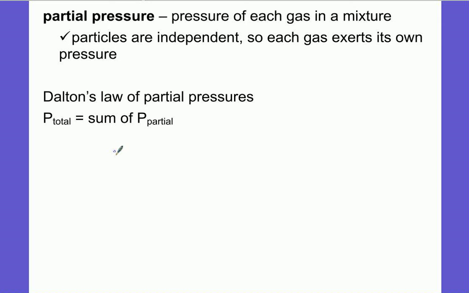So let's say I told you that you had a mixture of gases. You've got oxygen, nitrogen, carbon dioxide, and water. Those four major components of the air that you're breathing right now.